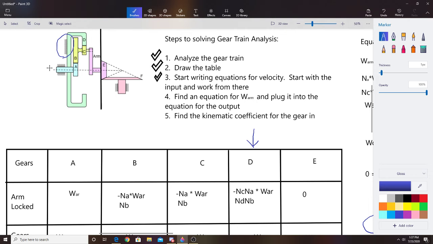It wouldn't make sense to say, all right, I know how fast A is moving, and I know how fast E is moving, but I can't tell how fast F's moving. Just getting E in terms of A doesn't help us with how the output mechanism is. We need the F one as well.